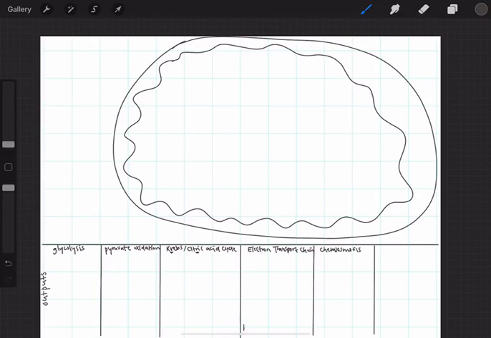So down here, I'm going to make an indicator that these two are known as oxidative phosphorylation.